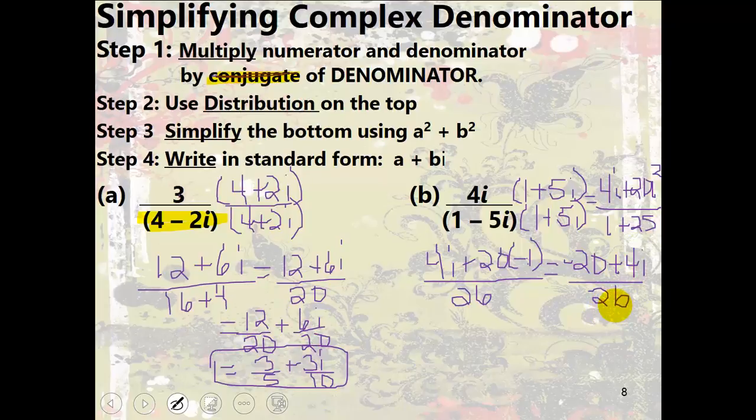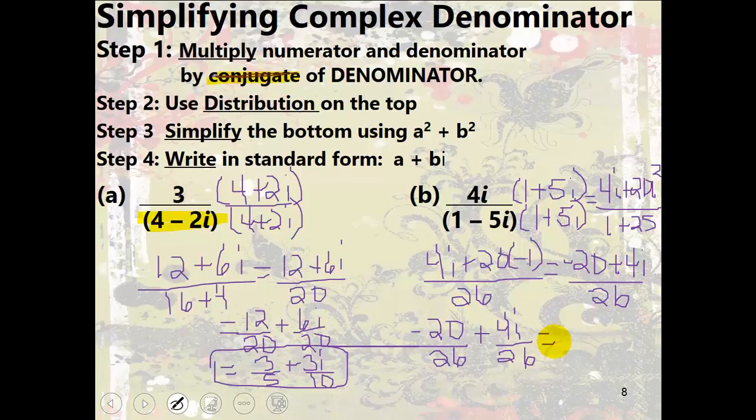And now I'm going to show you a faster way to reduce. You could split these up if you wanted to and reduce. Let's just split it up. I have -20 over 26 plus 4i over 26.